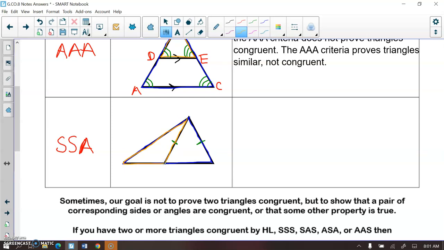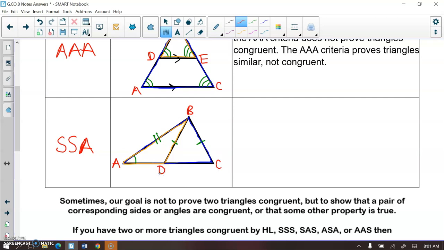And you should notice that the blue and yellow triangle share this angle in common, and they share this side in common. So I'm going to label the vertices of the triangle. My big triangle is going to be ABC. And my yellow triangle is going to be ABD.